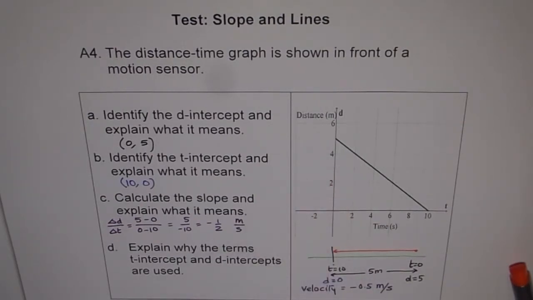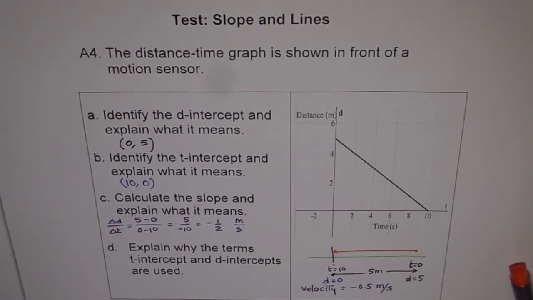So where the graph of our line crosses the d-axis, the y-axis here is named the d-axis. The vertical axis is d, not y now. Therefore, that is called the d-intercept, right? So the d-intercept is the point where the d-axis, the vertical axis, is crossed by the line.